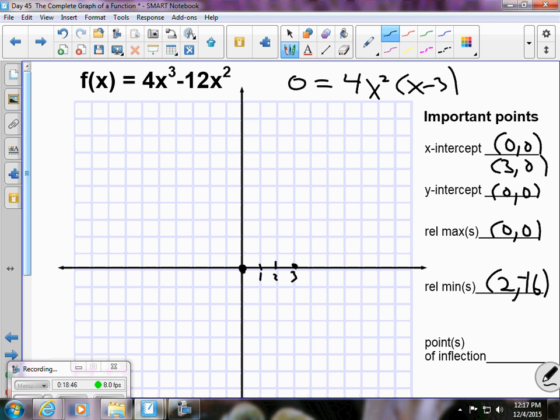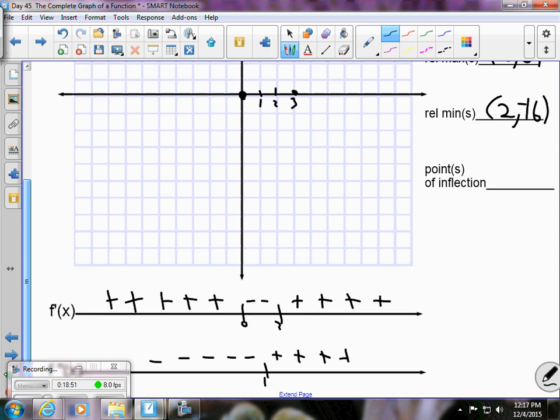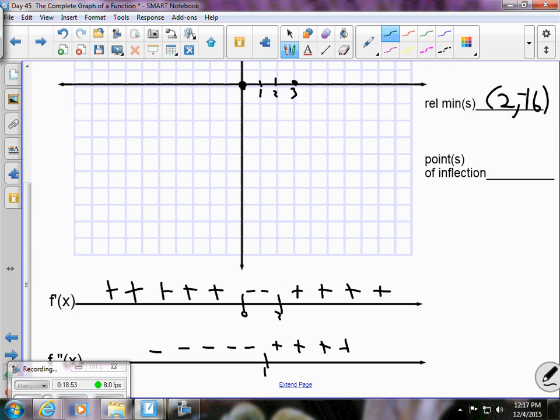Point of inflection, that's going to be at whatever x where the second derivative changes sign. What's the x-coordinate of the point of inflection? 1. If you plug 1 into the original function, what do we get? Negative 8. Now, since we want to actually fit all these points on our graph, if I make every box on the y-axis equal to 1, I'm not going to fit that important point.